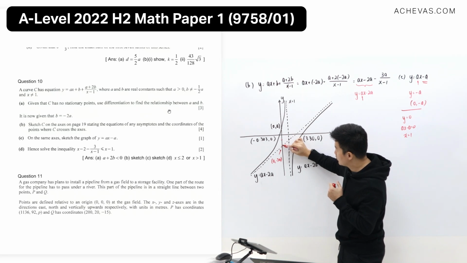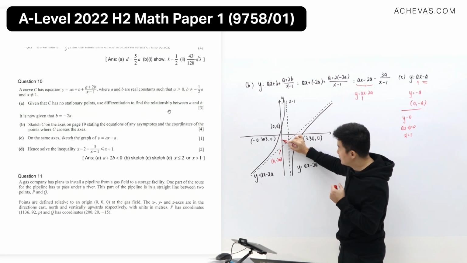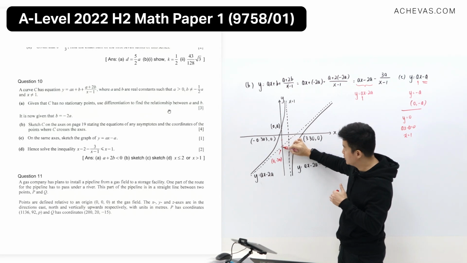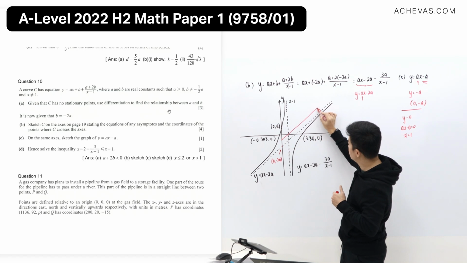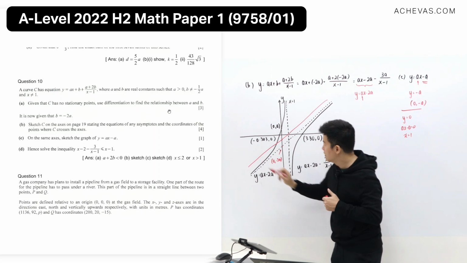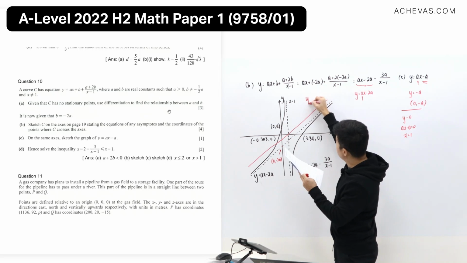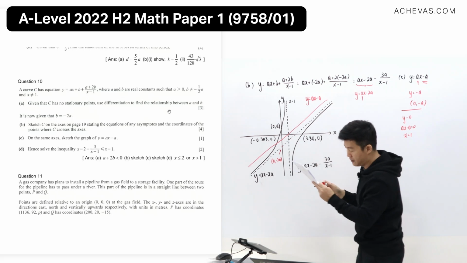So my graph is going to be parallel to the original oblique asymptote, cutting the y-axis above the place where the original oblique asymptote cuts, and it is going to be passing through the point x is equal to 1. So the line is going to be something like this. This will be the line y is equal to ax minus a.